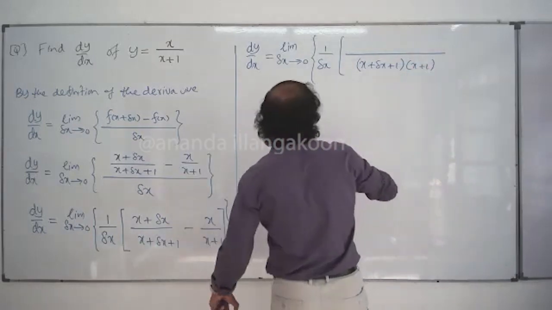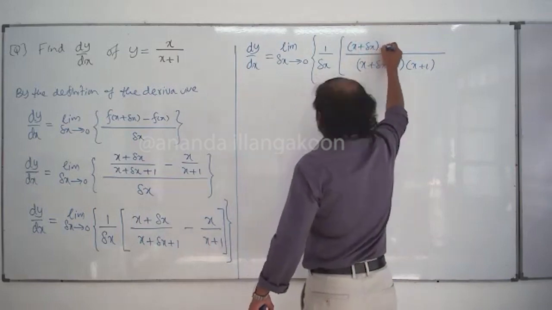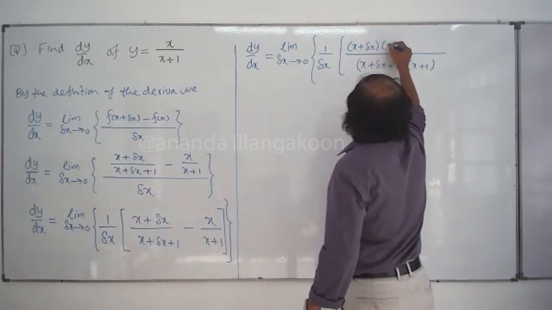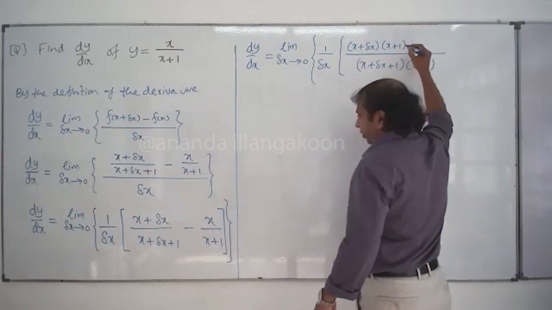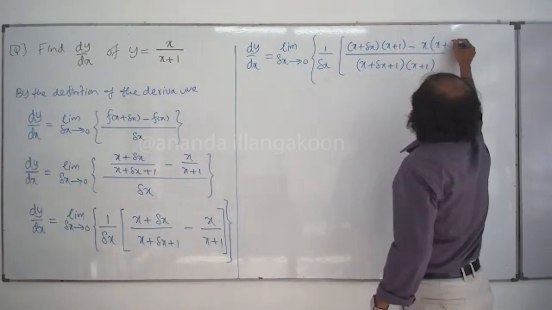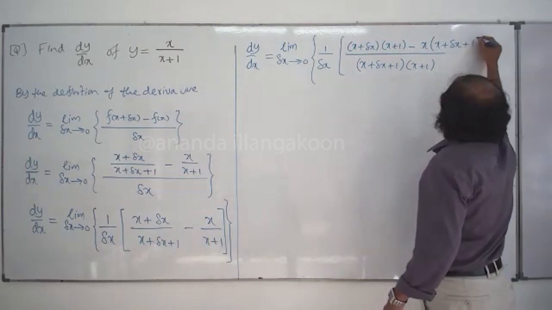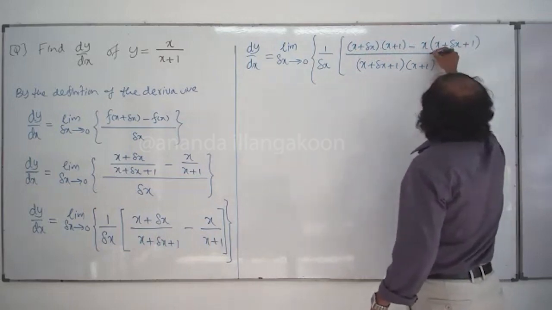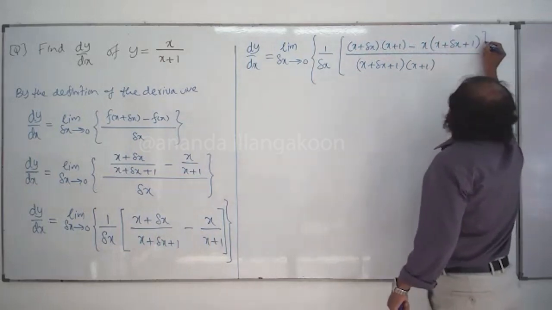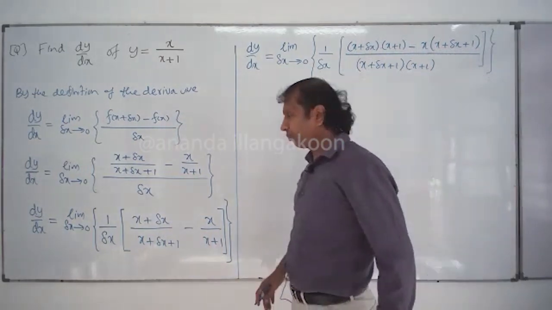This and this we multiply. The numerator is x plus delta x into x plus 1, minus x times x plus delta x plus 1. This way, right?